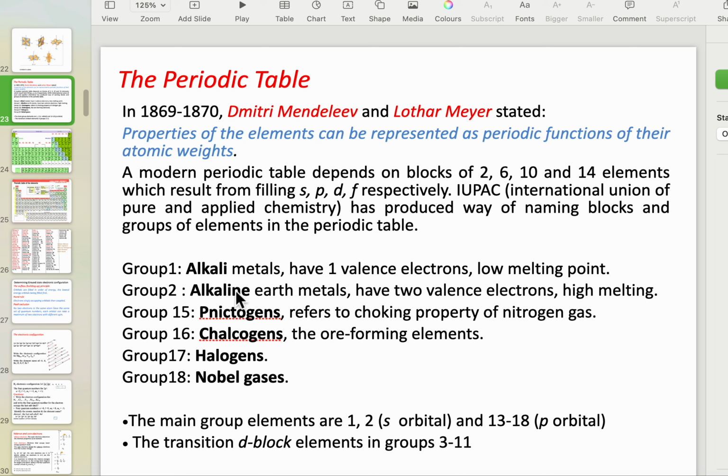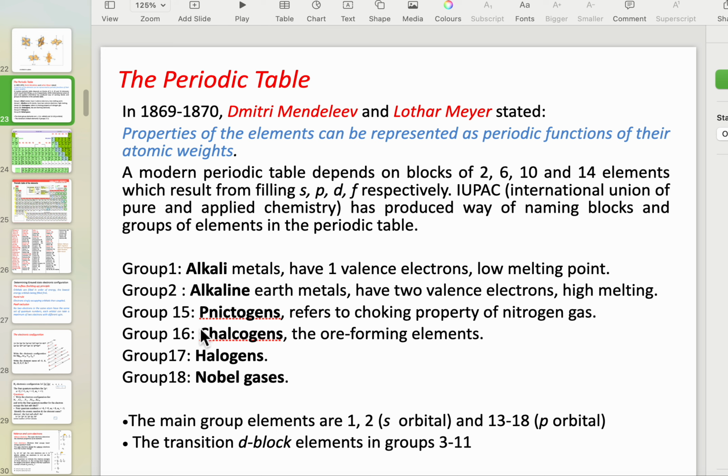Group 2, the alkaline earth metals, have 2 valence electrons in the final orbital, and they are high in melting points.